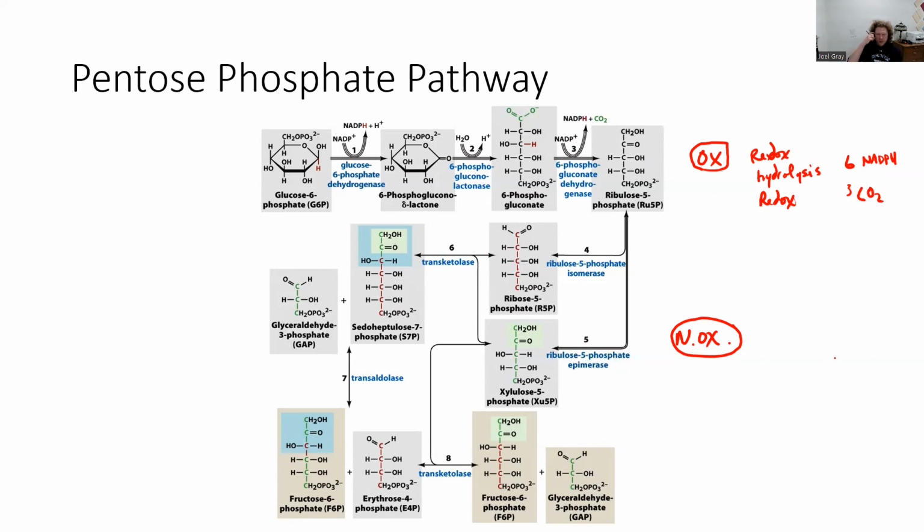Okay. Now, our non-oxidative phase, if you look at this, well, we're not generating any NADPH, so I'm going to put 0 NADPH. And then if you look at any other byproducts, for instance, CO2, you're not generating any CO2.